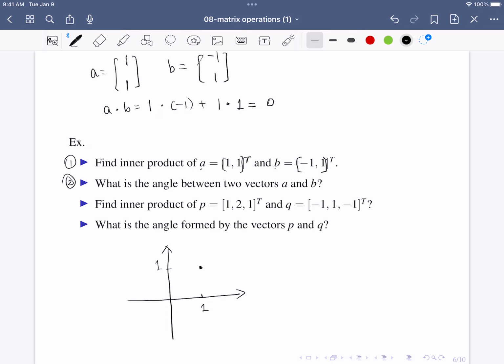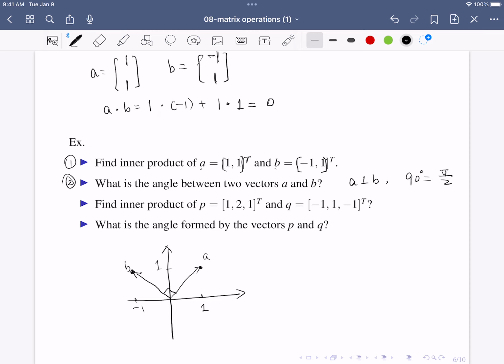So A is here. Negative 1, 1. B is here. B is this point. Then what is the angle? Obviously, this is 90 degrees. So A is perpendicular to B, or you can say this is 90 degrees, or you can say pi over 2.